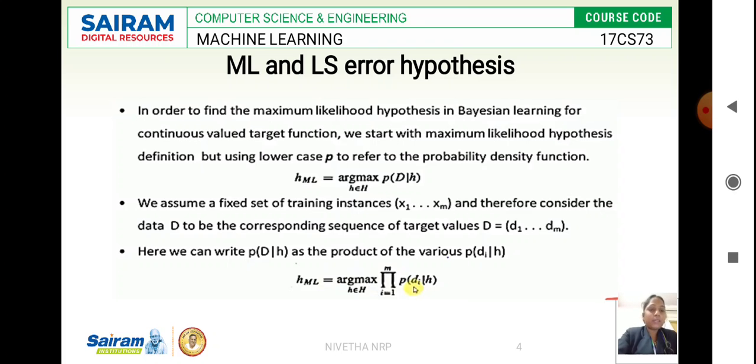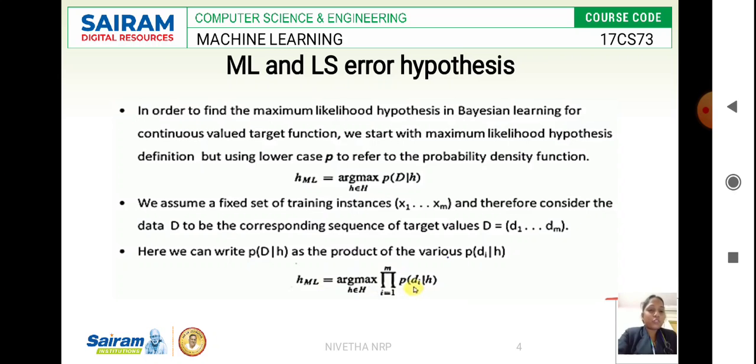P refers to the probability density function with respect to D given H. D is your target value and H will be your hypothesis. So for the specified target value, you define the hypothesis by the argmax in the given instance. And you rewrite this formula using the product rule.